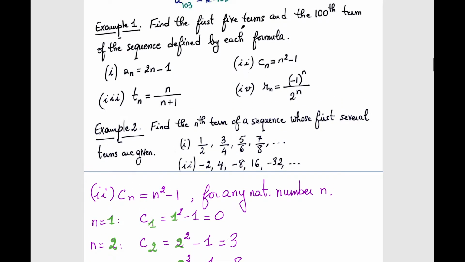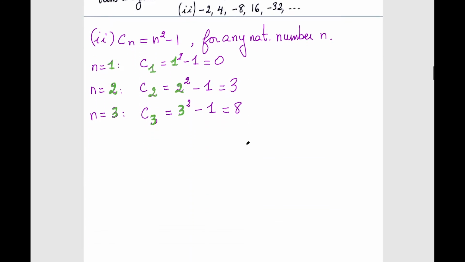And how many do they want us to find? They want us to find the first 5 terms. So we still have 2 to go. So let n equal 4 now, because we found the first 3. Now we're going to go to 4 and then to 5. So we're going to find C4, and C4 is when n is 4. So the square of 4 minus 1.